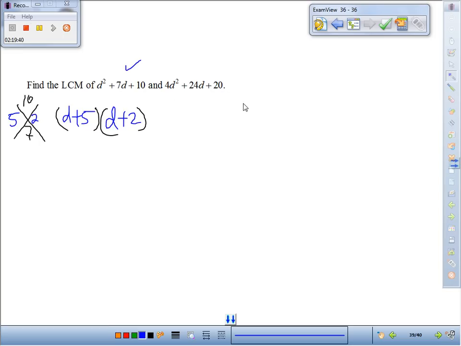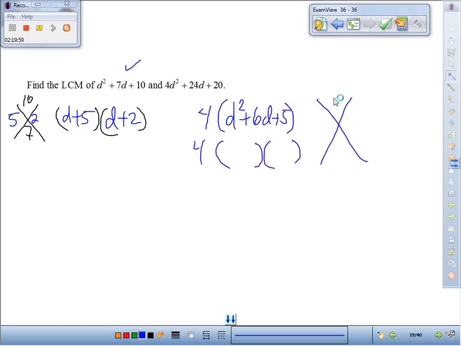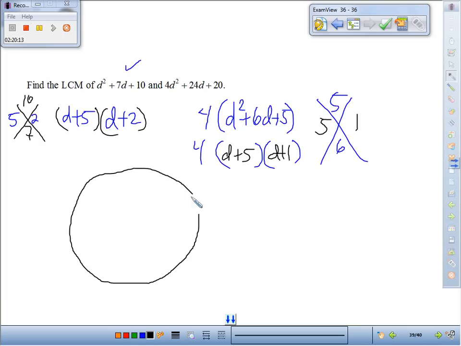Focus on this one. Do we have a GCF? 4. And we're left with d squared plus 6d plus 5. Open two parentheses. Bring down the 4. We got a 5 here and a 6 here. What are my factors? 5 and 1. D plus 5. D plus 1. Get a Venn diagram.